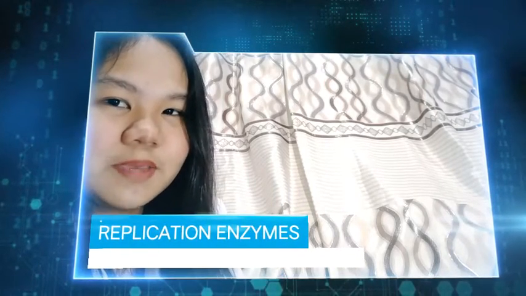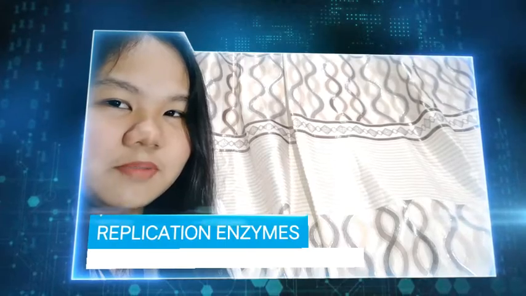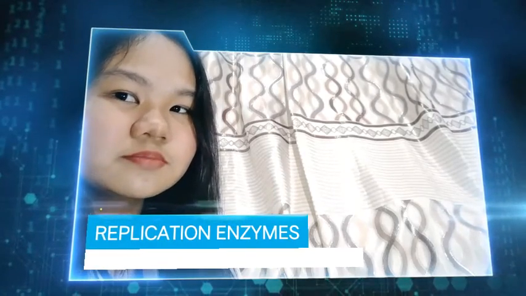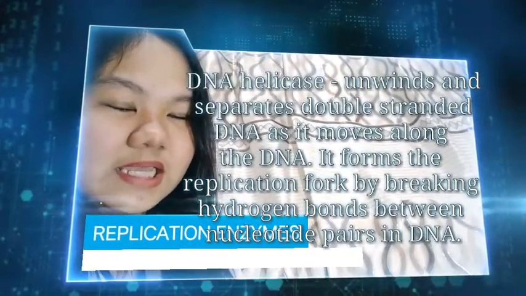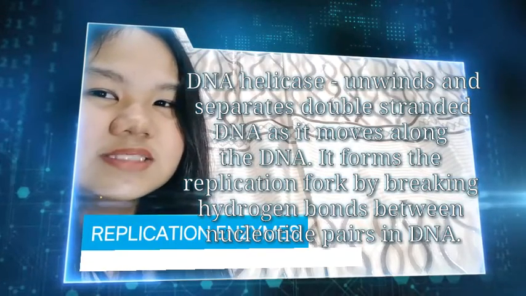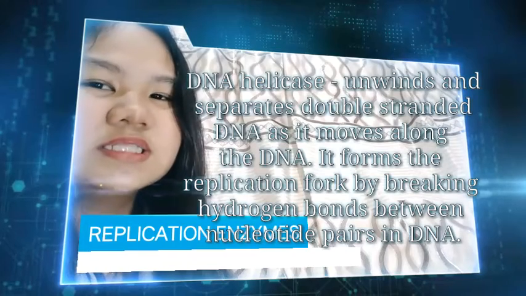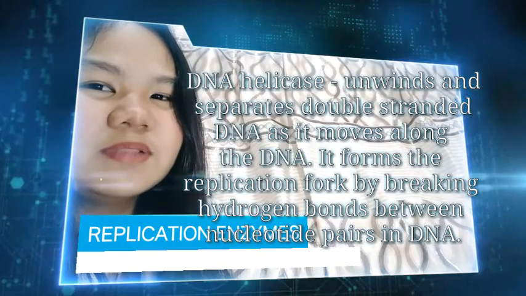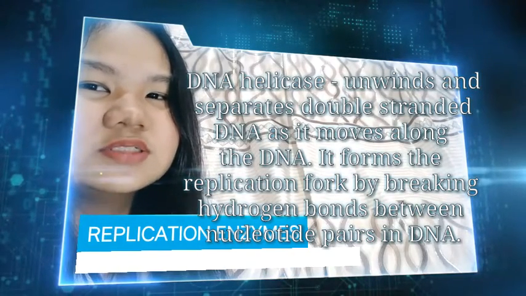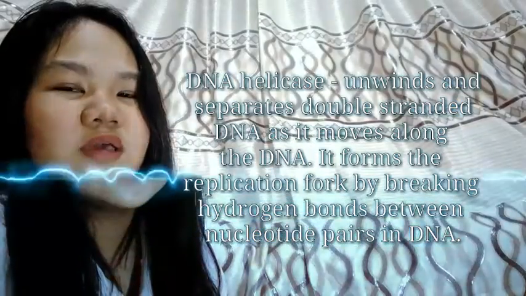Enzymes that participate in the eukaryotic DNA replication process include: 1. The DNA helicase, which unwinds and separates double-stranded DNA as it moves along the DNA. It forms the replication fork by breaking hydrogen bonds between nucleotides. 2.